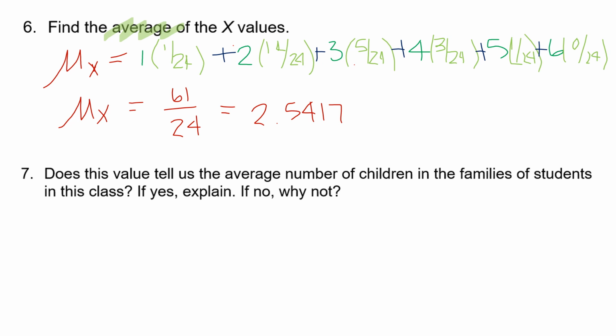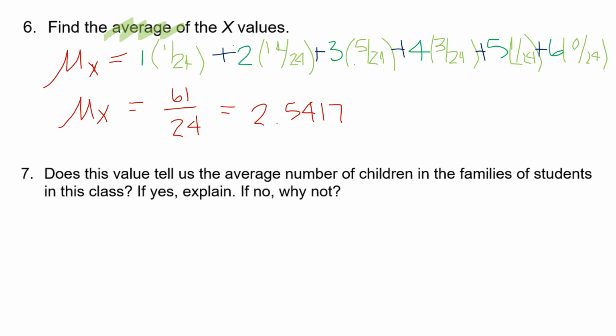Okay. Does this value tell us the average number of children in the families of students in this class? If yes, explain yes. If no, why not? You would hopefully say, based off of what we just did, yes. But I want you to be aware of 2 vocab words in statistics.